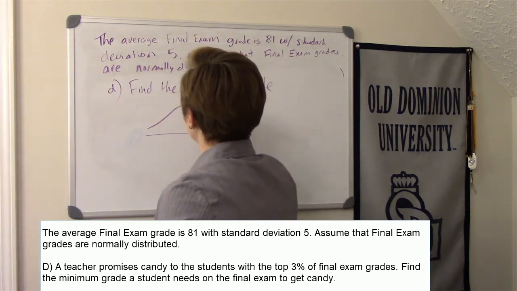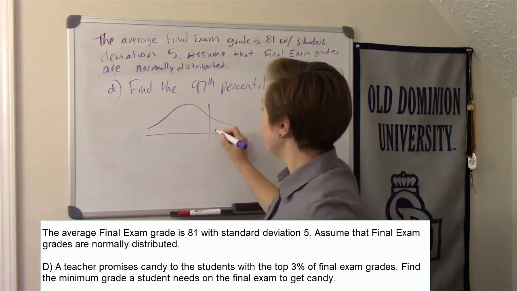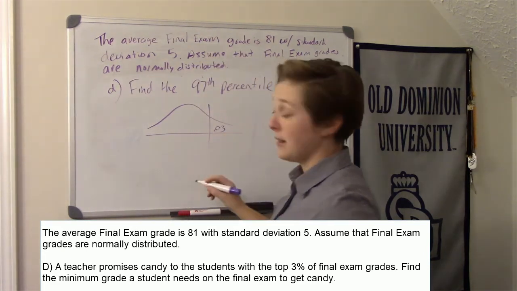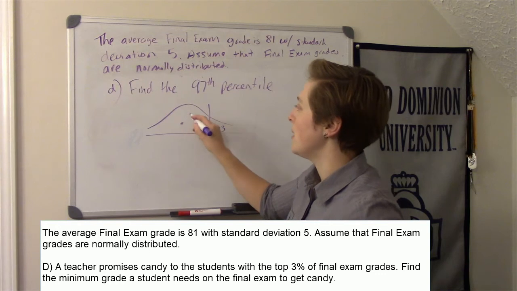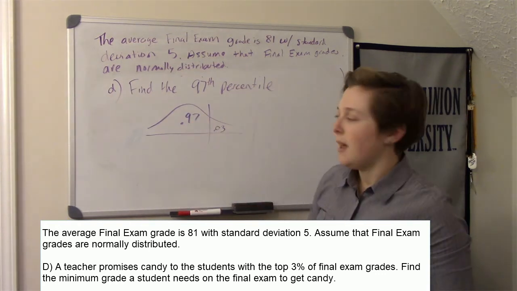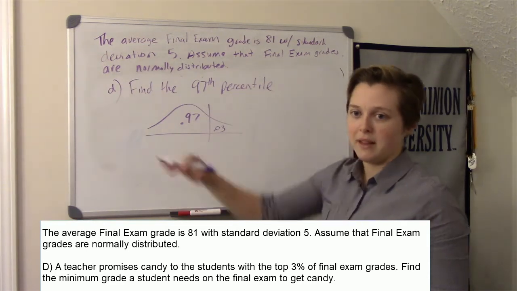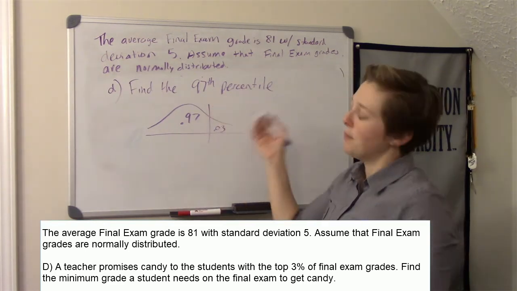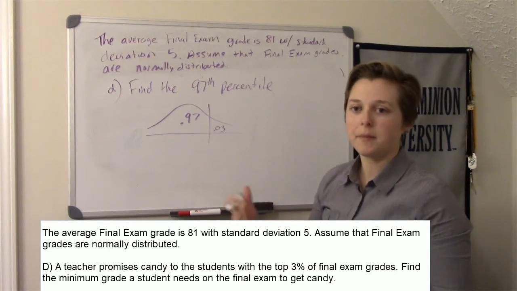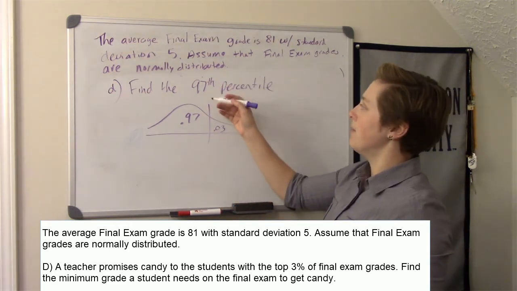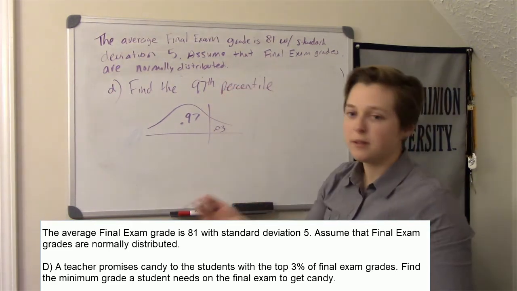You want to find, here's 0.03 down here, which means 0.97 is back there. And whenever you refer to percentiles, usually you refer to the bottom, less than percentile, unless you were to say find the top 3 percentile. You could have also said it that way. But if no one says bottom, that's just inferred.